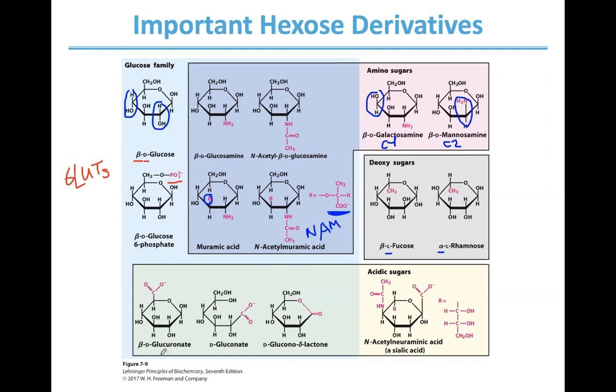All right. So if you oxidize carbon 6, that's glucuronate. If you oxidize carbon 1, that's gluconate. And if you form a lactone, remember lactone is a cyclic ester, right? Remember from OChem what lactone is? Lactone is a cyclic ester.